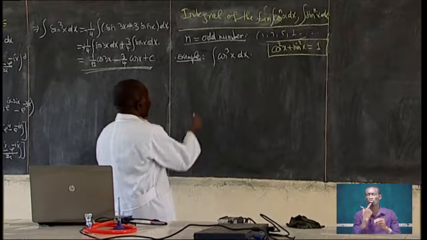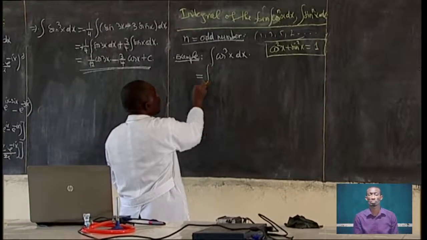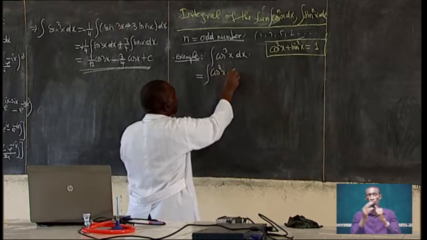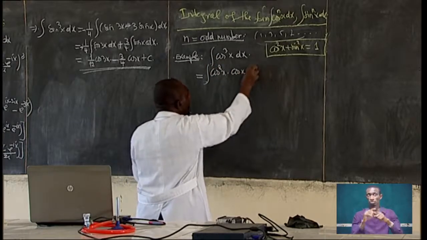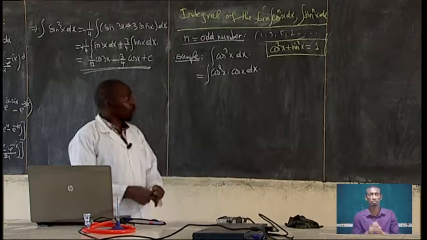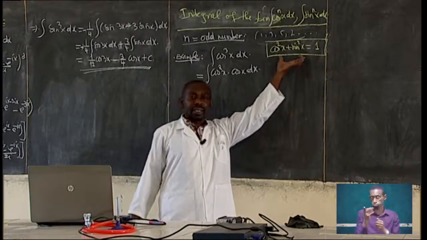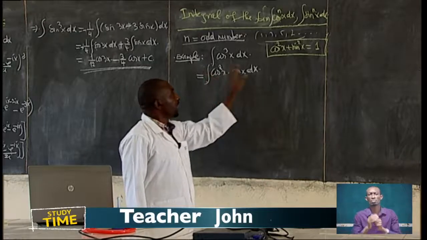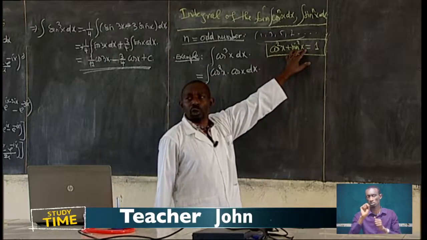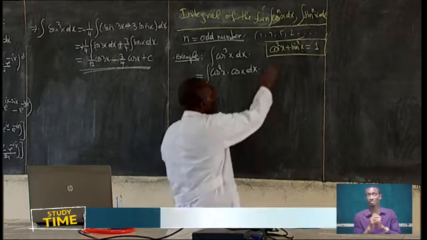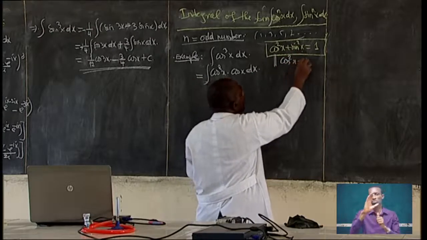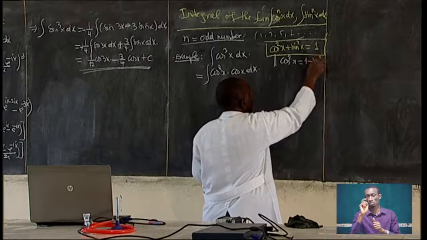So, this integral can be written like this: cosine squared x times cosine x dx. So using this trigonometric identity, I can express cosine squared x in terms of sine squared x. So it means that from here, cosine squared x is equal to 1 minus sine squared of x.